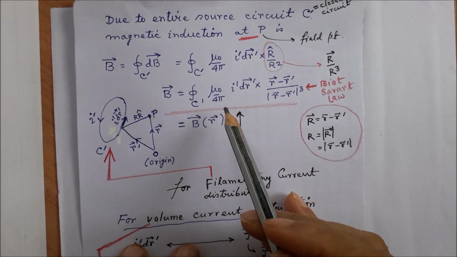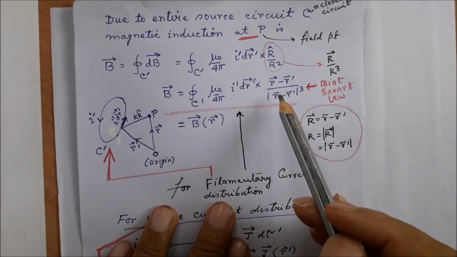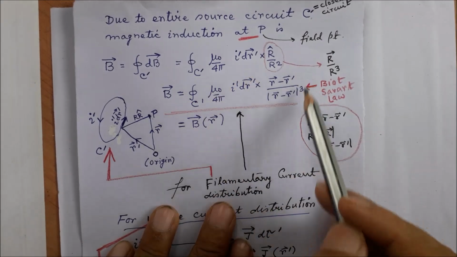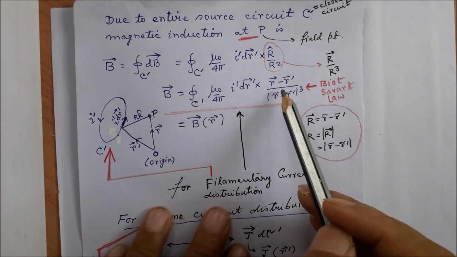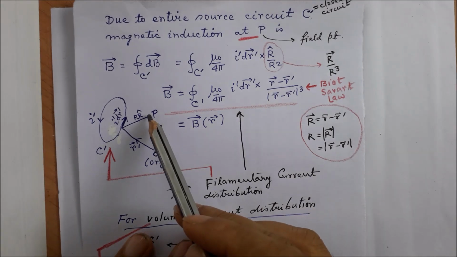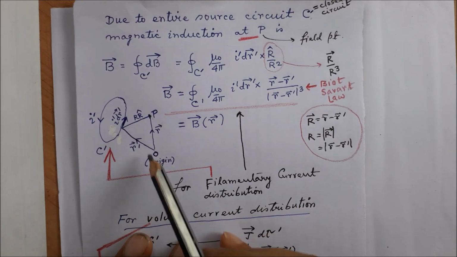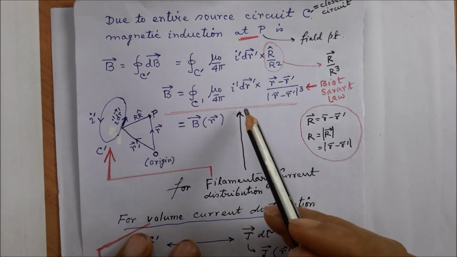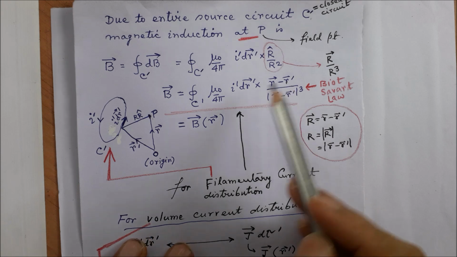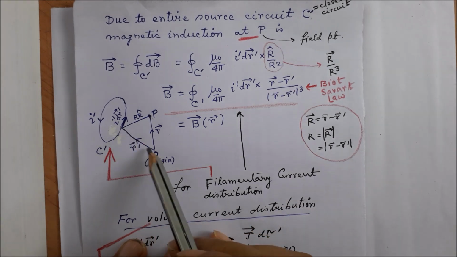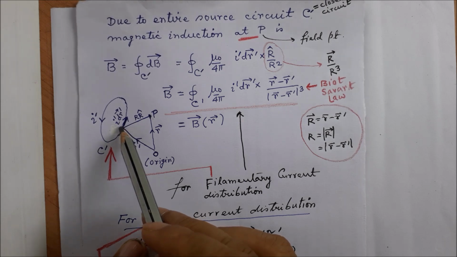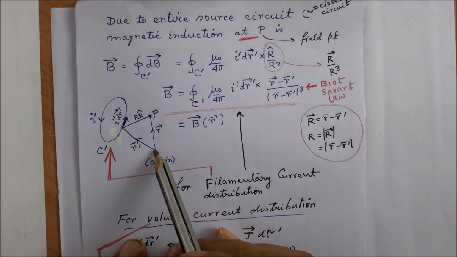One thing is very clear from this expression. In the right hand side, in the integrand, we have two types of coordinates. One is small vector r, which represents the position vector of the field point with respect to the origin, and a vector r prime which is the position vector of the source point of the current element with respect to the origin.